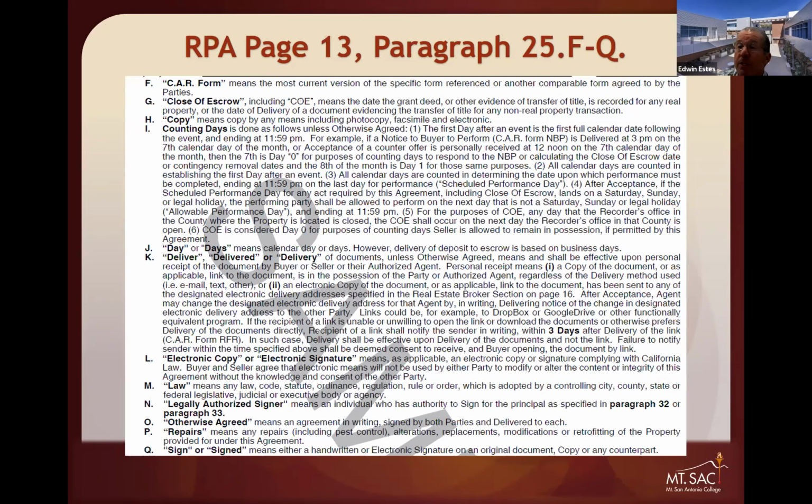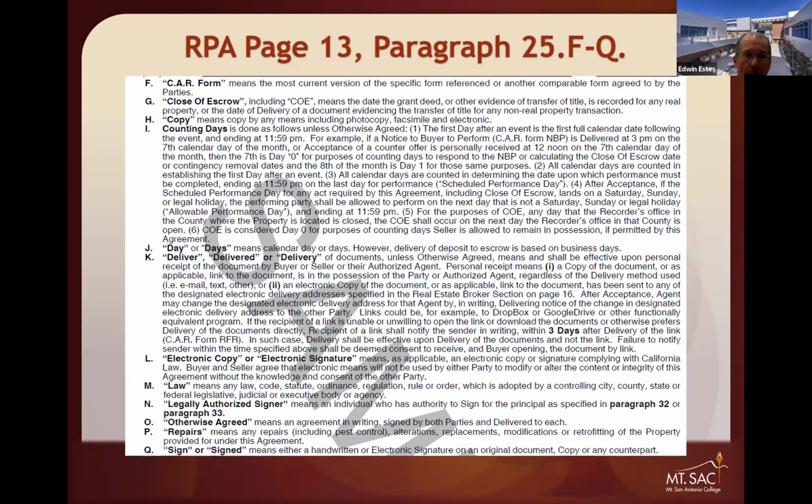But you can give the notices 2 days prior to the scheduled performance day. You don't have to try to calculate the allowable performance day. Okay, I think I got that right. Hopefully I got that right. But you can read paragraph 25I and catch me if I made a mistake. But basically we follow the scheduled performance day, even though they don't actually perform until the allowable performance day.